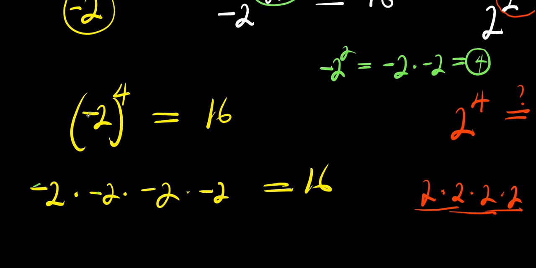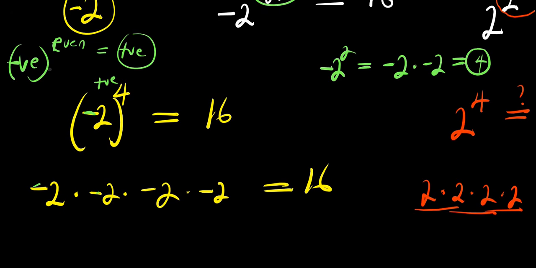Now, the rule is if you have a negative raised to an even number, it will give you a positive value. If a negative is raised to an odd number, it will give you a negative value.